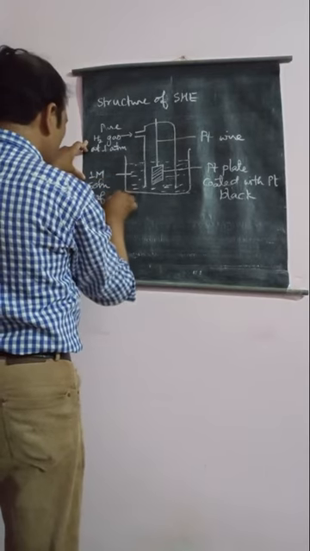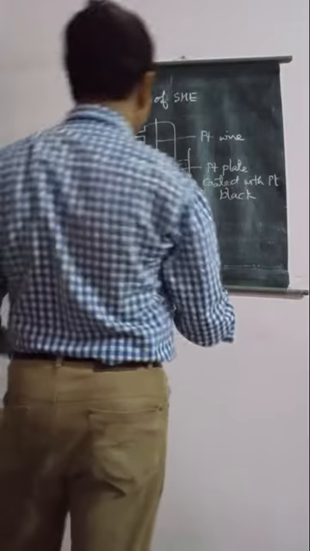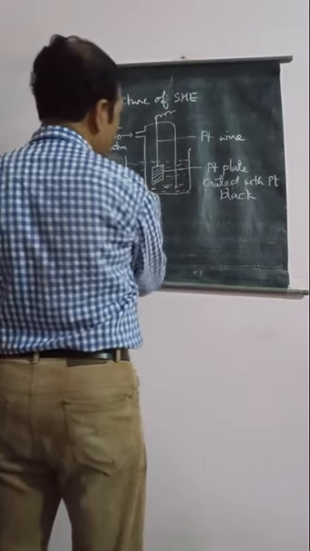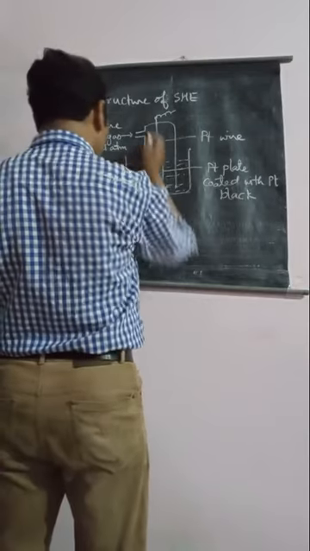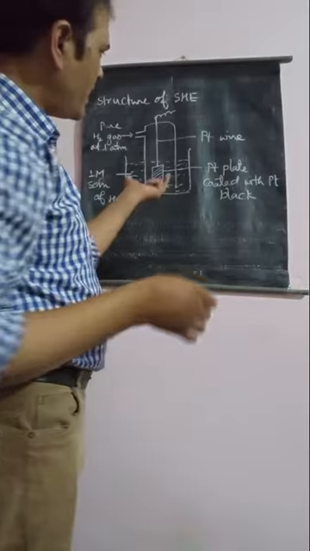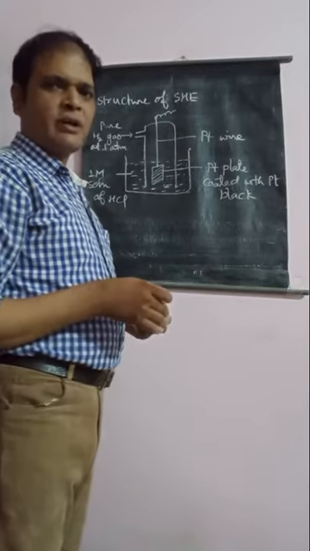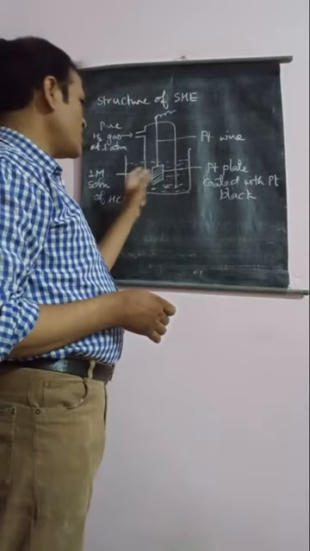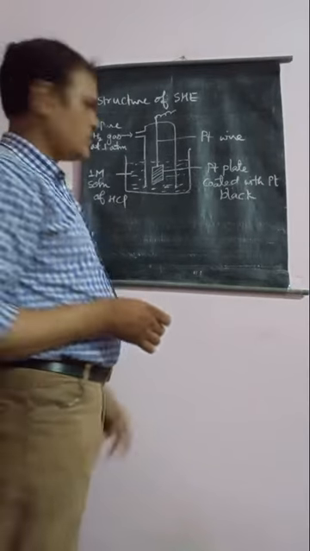On passing hydrogen gas and connecting this standard hydrogen electrode with another electrode whose electrode potential is unknown, we measure the electrode potential of that unknown electrode.